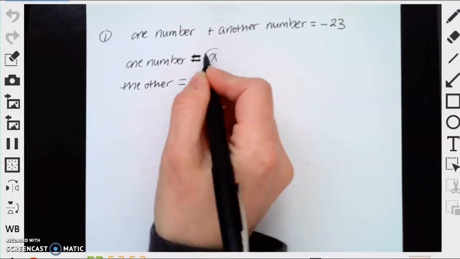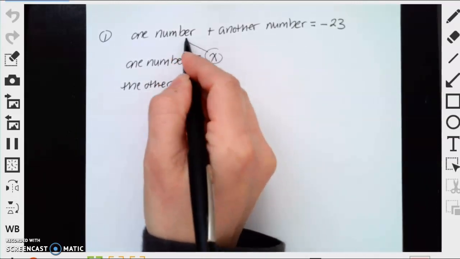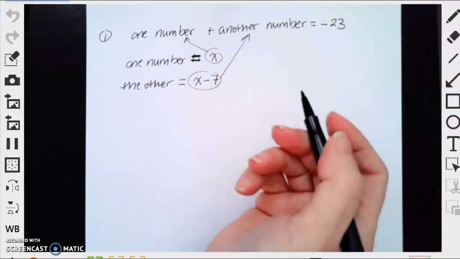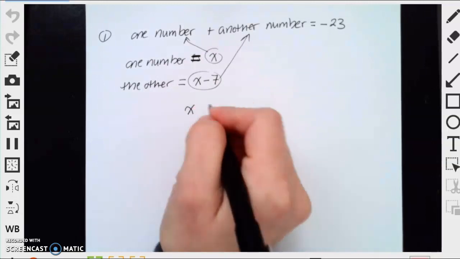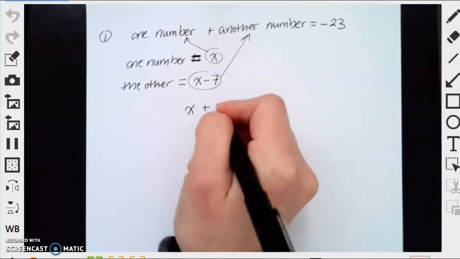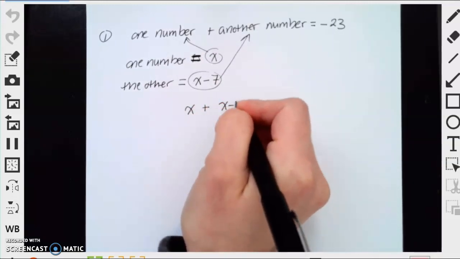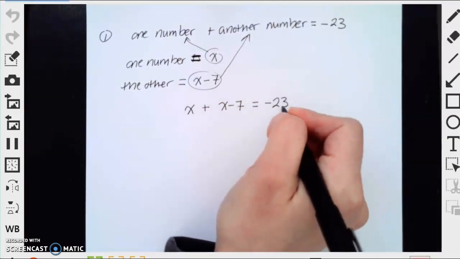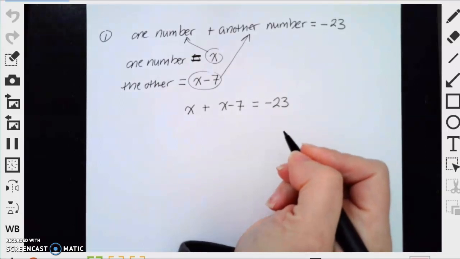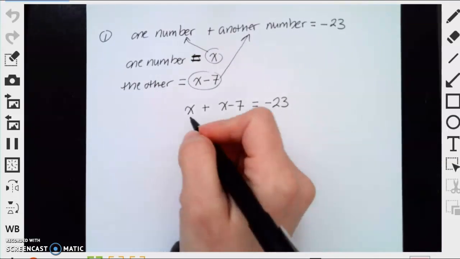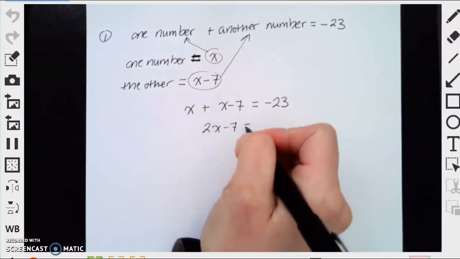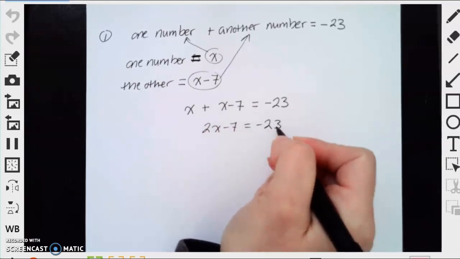So I can take these and substitute them in here and rewrite my equation. Some number x plus another number, which is x minus 7, is equal to -23. And now I could go ahead and solve that equation. So I'll combine like terms, 2x minus 7 equals -23.